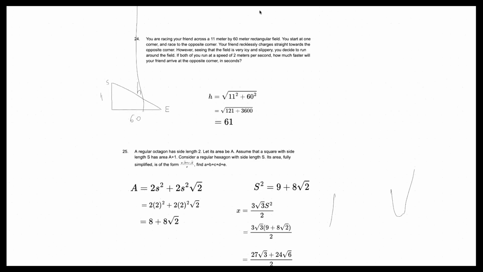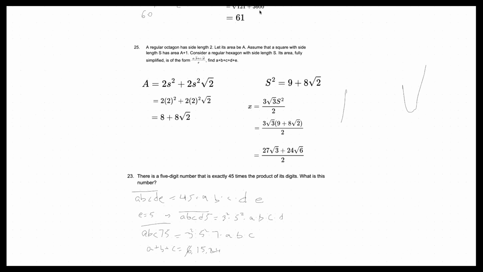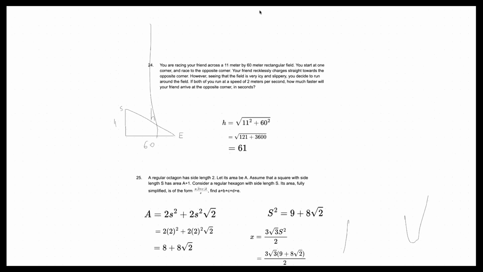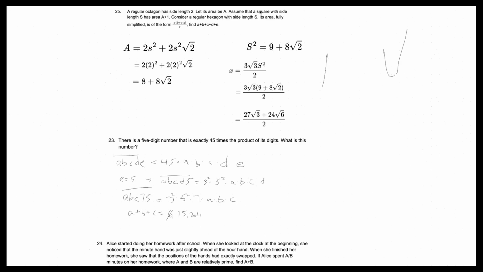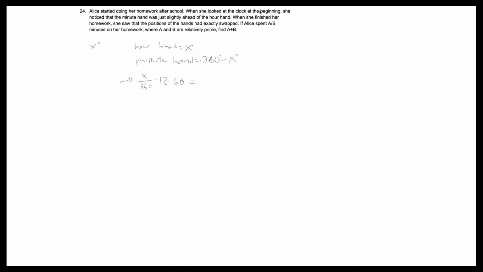Right, and then you can calculate how many minutes had passed by setting an equality. So this is x over 360 degrees times 12 times 60, which is equal to how many minutes have passed based on the hour hand.